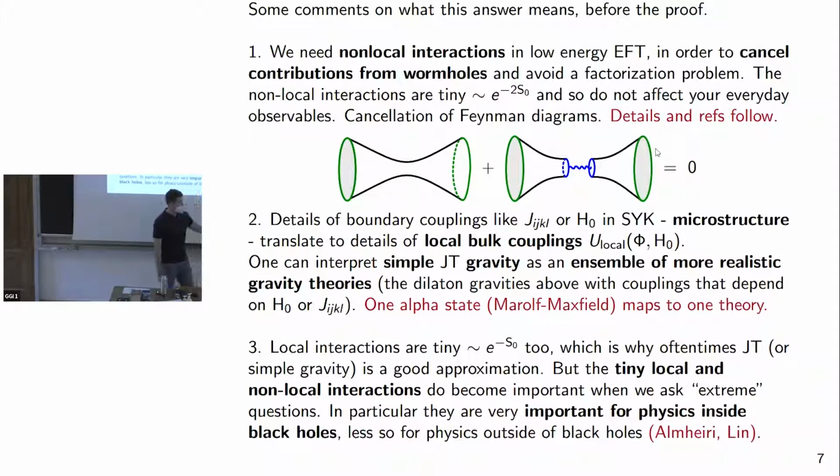They're enormously suppressed. I mean, isn't this the same as saying that you just forbid wormholes? I don't think so, because what we do is we have all the geometries and then we add interactions on top of that. And then, if you start computing the numbers, the numbers can cancel, but I don't think that's the same as a priori putting in, ad hoc, that you don't have the stuff.